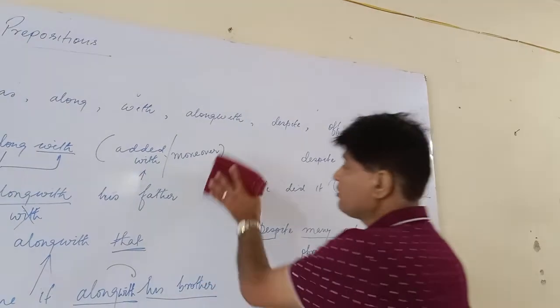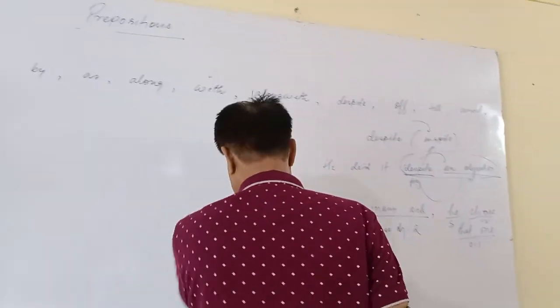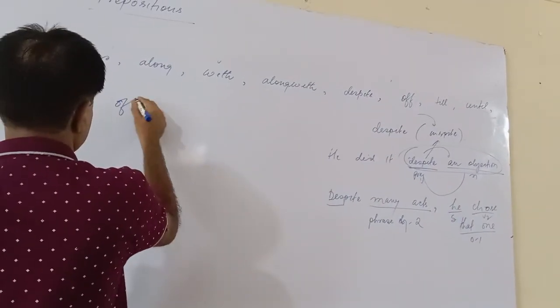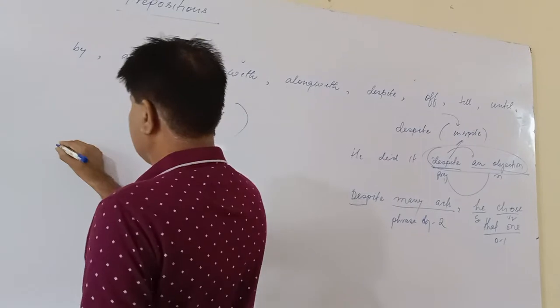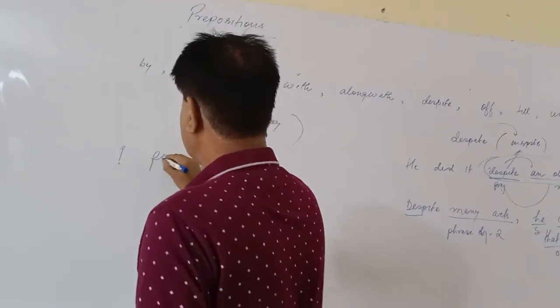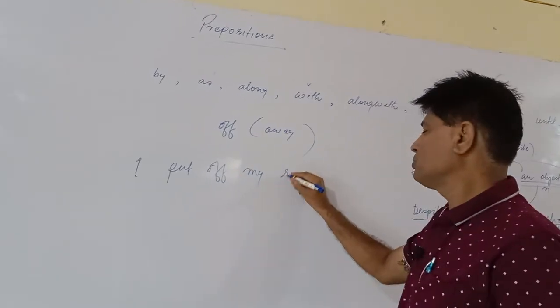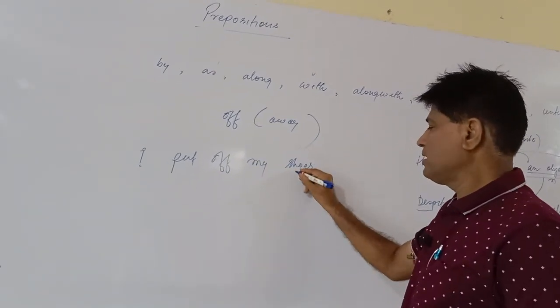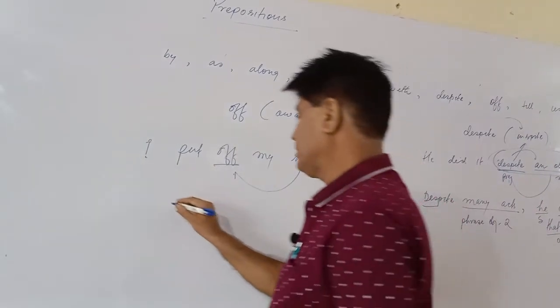Let me explain where to use of. Of is a preposition when you have got away, right? I put off my shoes. It defines that your shoes are away from the place, right?